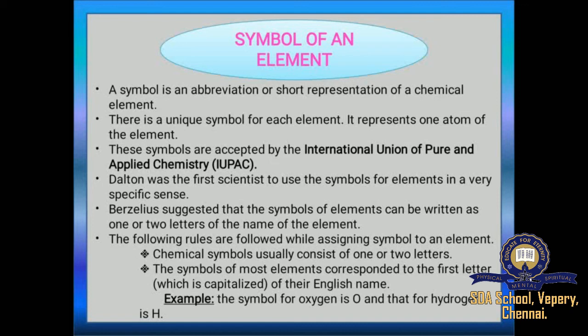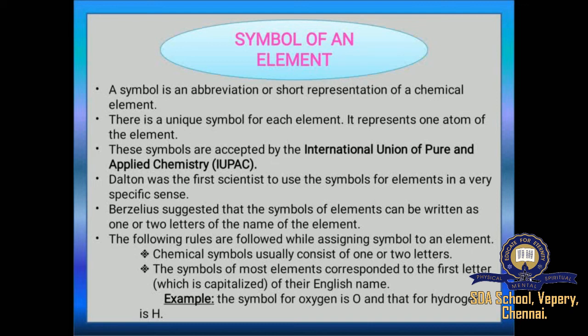Dalton was the first scientist to use the symbols for the elements in a very specific sense. Berzelius suggested that the symbols of elements can be written as one or two letters of the name of the element. So the following rules are followed while assigning symbols to an element.